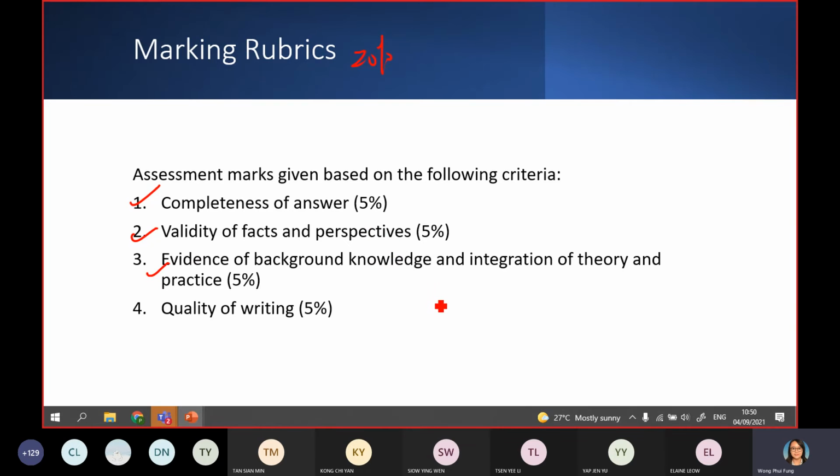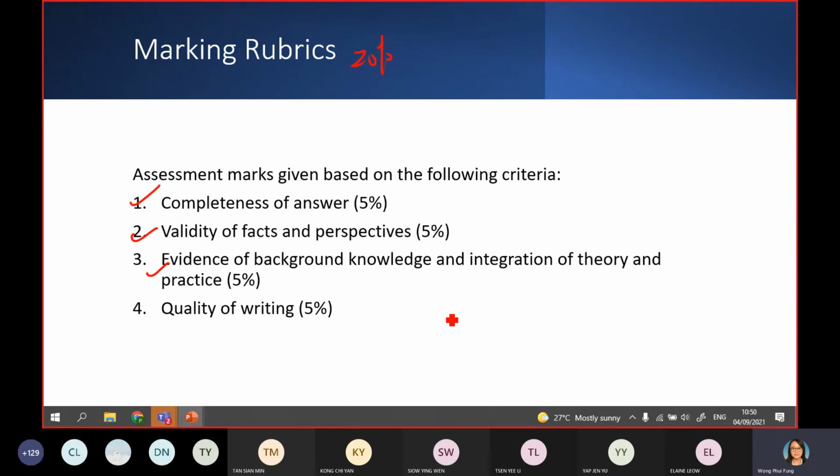Evidence of background knowledge and integration of theory and practice. You have to use some of the news that I provided to justify. Like let's say project finance, JV. So you can give the news of EPF JV with Equal World, EPF also JV with who lah.